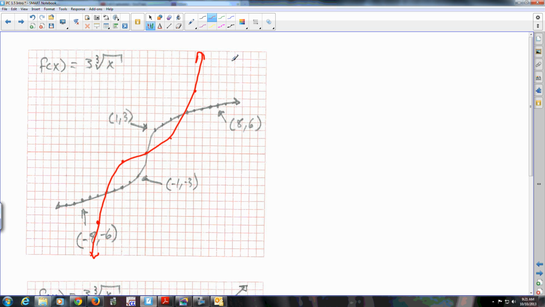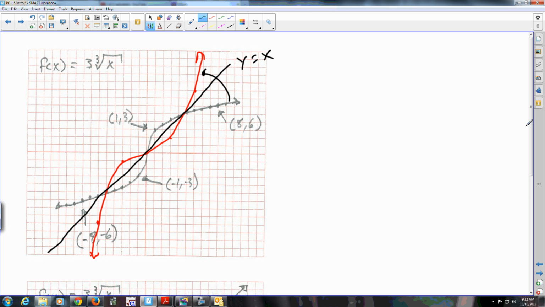This graph is the graph of its inverse. And interestingly enough, at least interesting enough to me, if you were to graph the line y equals x, it's smack dab right in between these. If you thought of this as a mirror and reflected it over the line y equals x, you get the other graph.